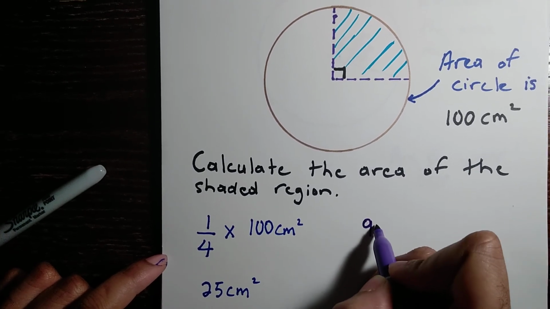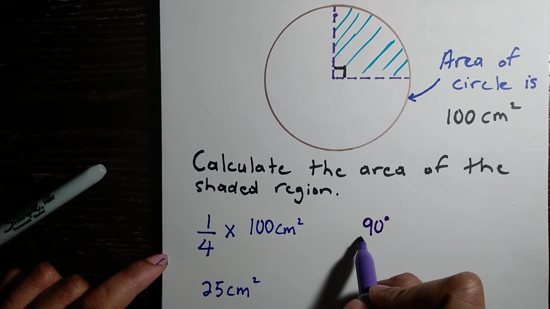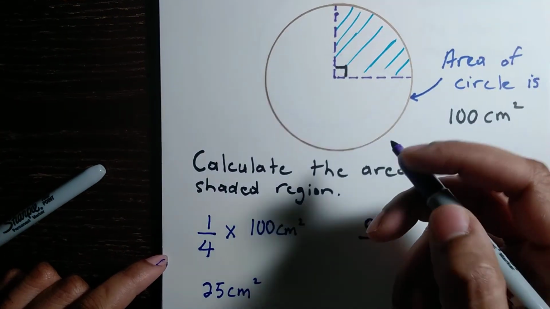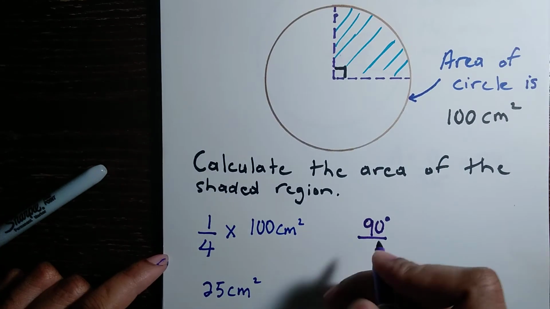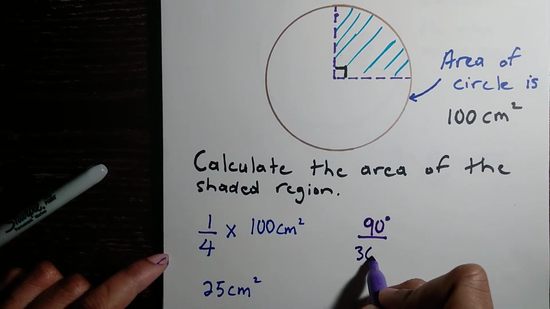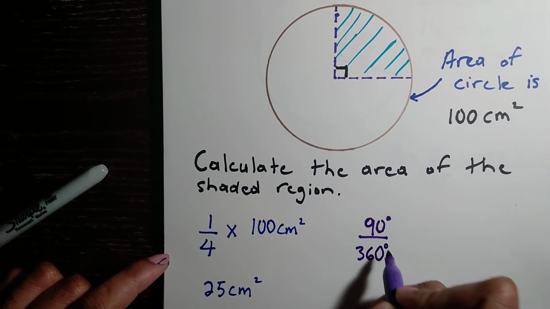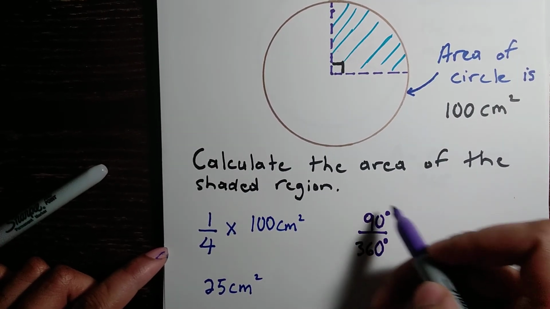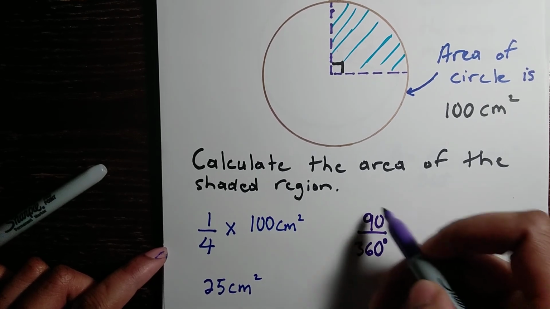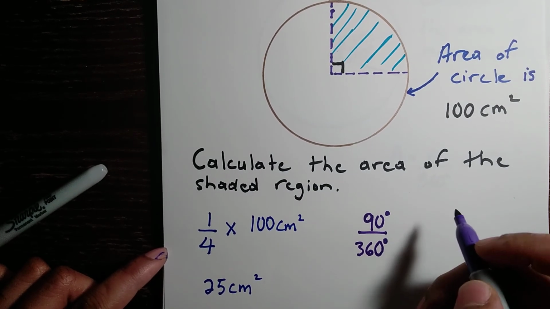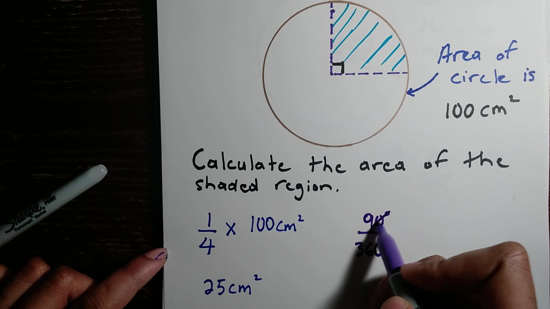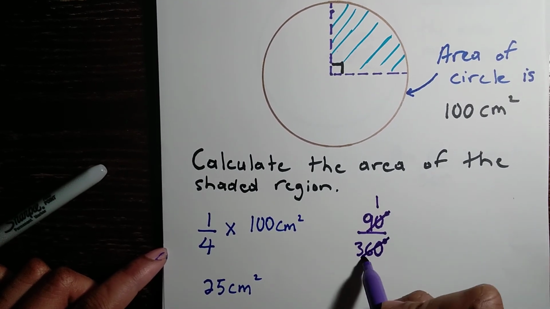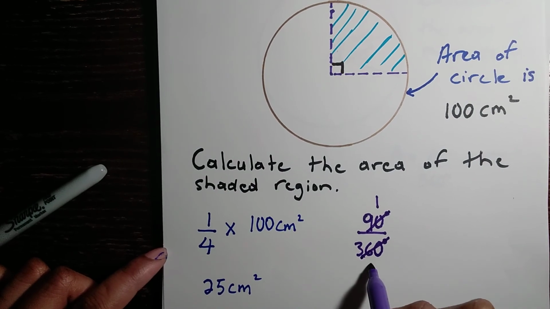So 90 degrees, and the complete revolution that gives us our circle is 360 degrees. The value of this fraction is 1/4, because 90 into itself is 1, 90 into 360 is 4.